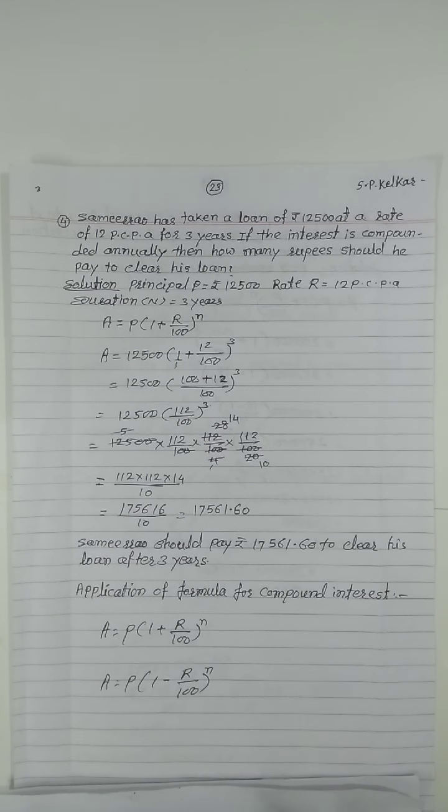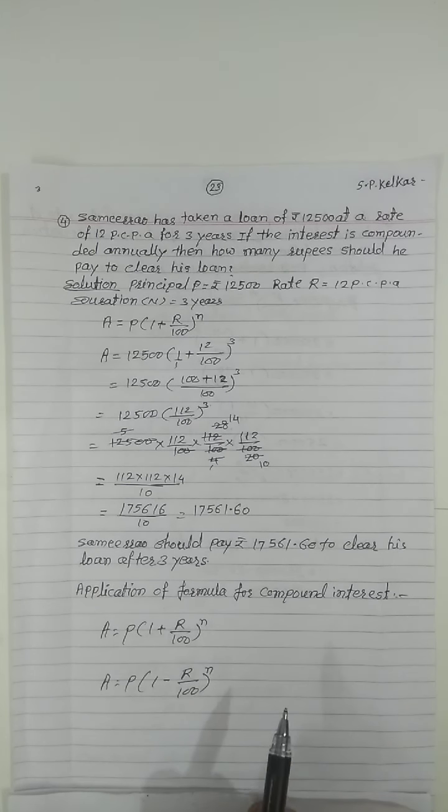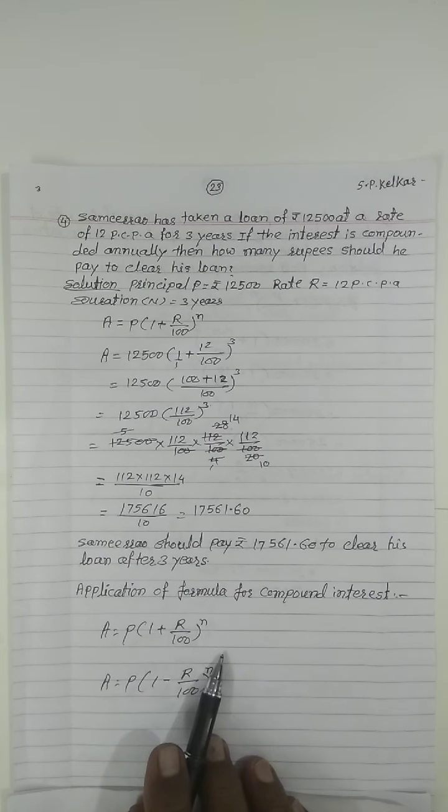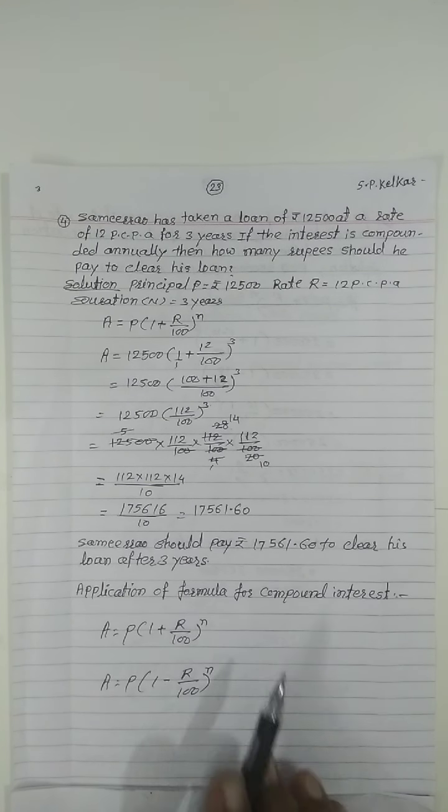Now we can use this formula for solving some problems. This formula is used for the depreciation of a machine or vehicle. And this formula is used for the total population after 5 years, 6 years.